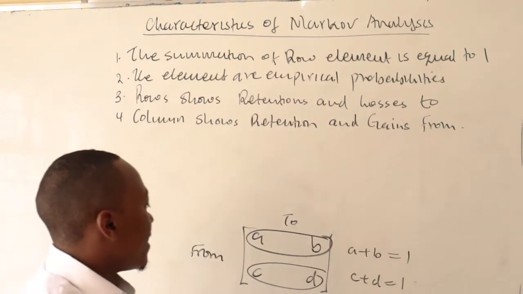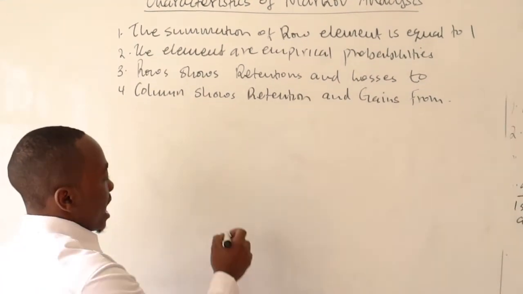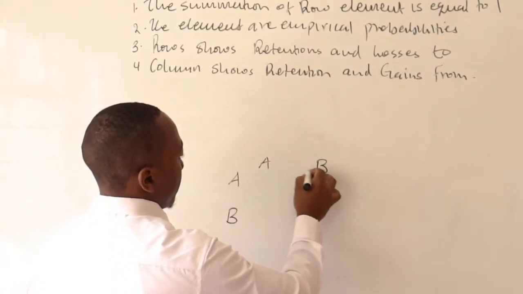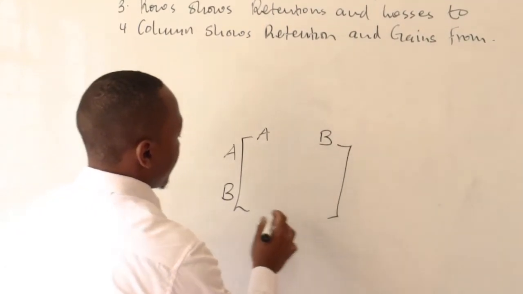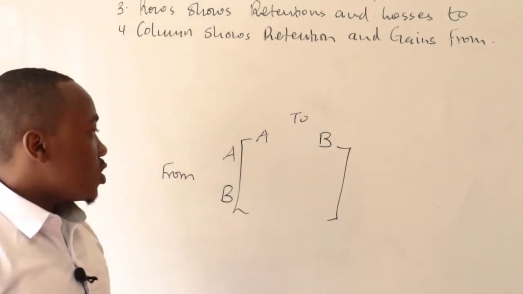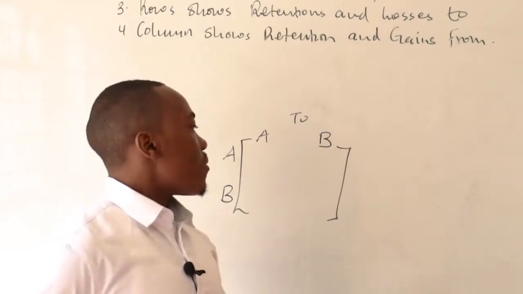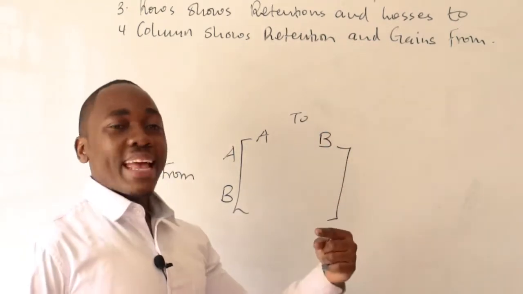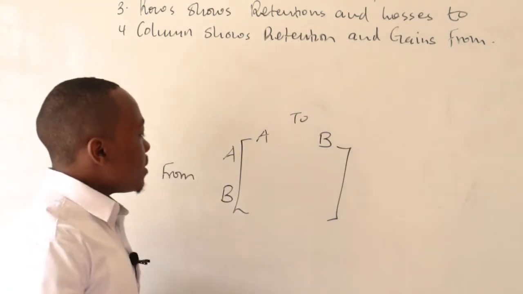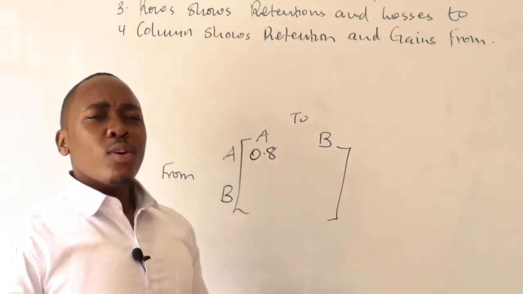What does that mean? Assuming you have this matrix, we have company A and we have company B. We are saying that we are moving from one state to another. You are told that from our previous year, A retained 80% of its customers. So from A to A, they retained 80% of their customers.